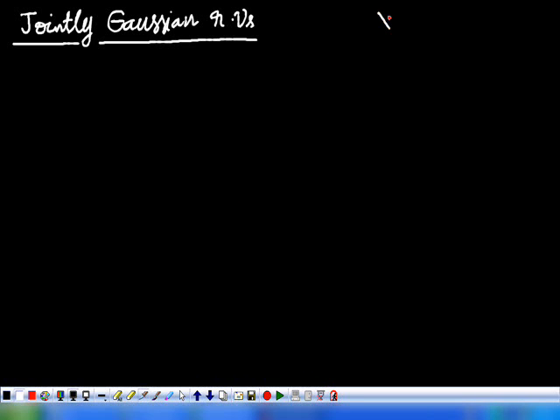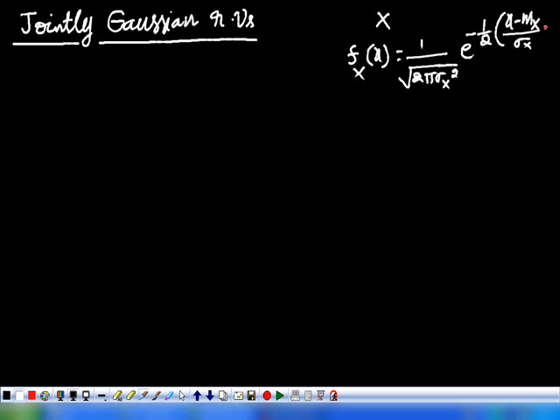If x is a Gaussian random variable, its probability density function fx of x is equal to 1 upon square root of 2 pi sigma x square, e power minus 1 by 2 times (x minus mx) by sigma x whole square. This is the probability density function of the random variable x, and the corresponding random variable is called the Gaussian random variable.